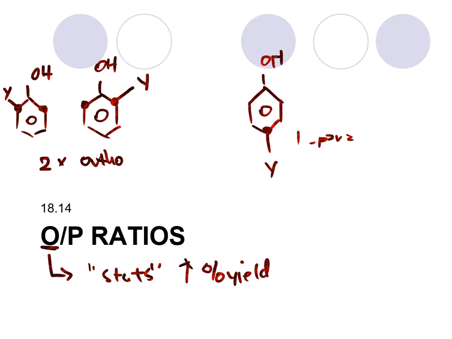Now, what complicates this a little bit is the size of the groups. The size of the groups could start determining that ortho is not an ideal position. What does that even mean? Okay, well, let's take a look.